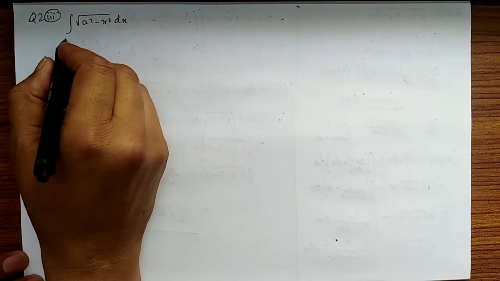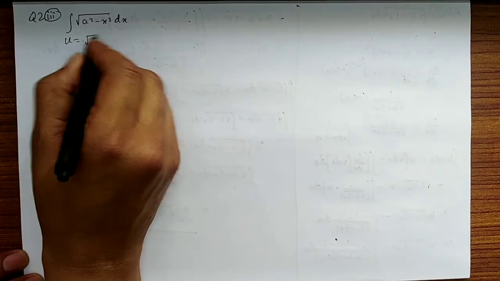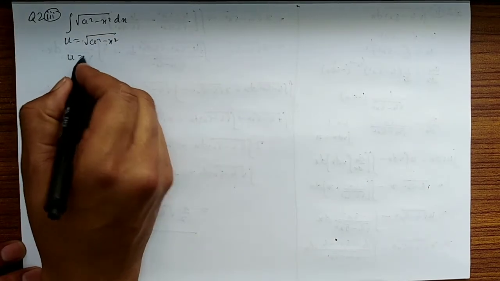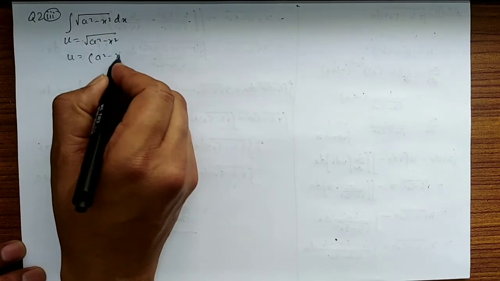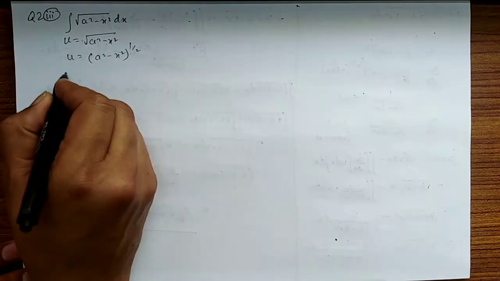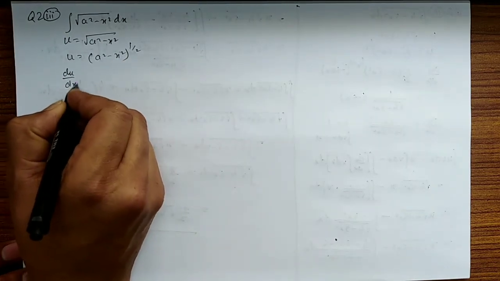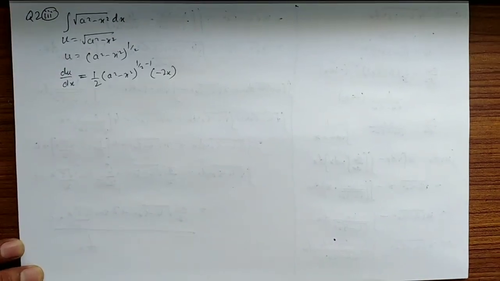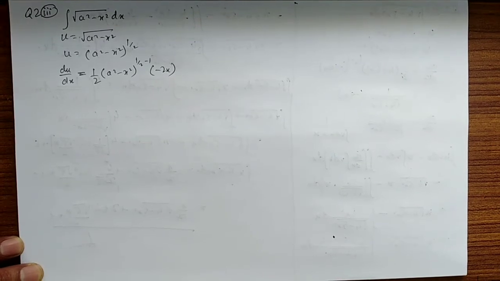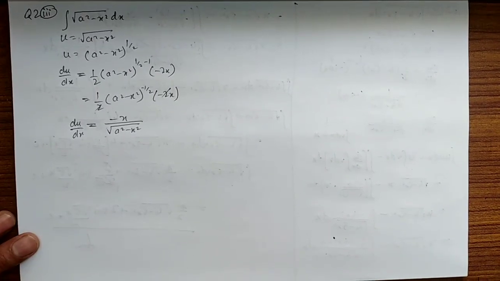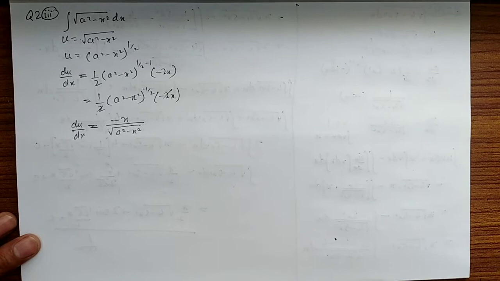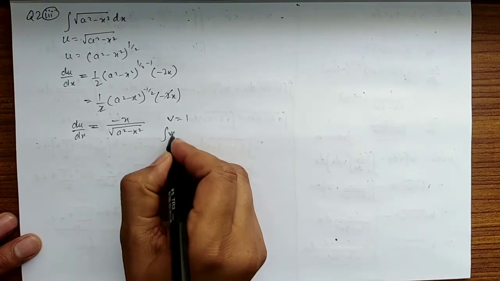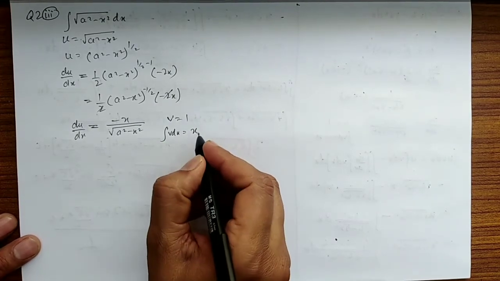Okay guys, taking u equals root of a square minus x square, which can be written as (a square minus x square) to the power 1 upon 2, and taking the derivative du/dx, we obtain this part, and simplifying, we obtain this part. And for v, which is 1, taking the integral gives us x.